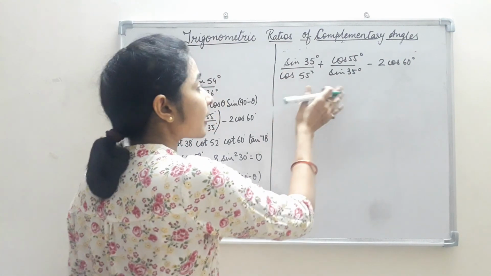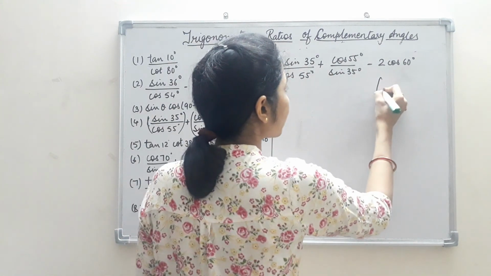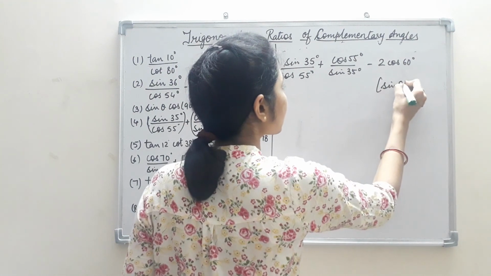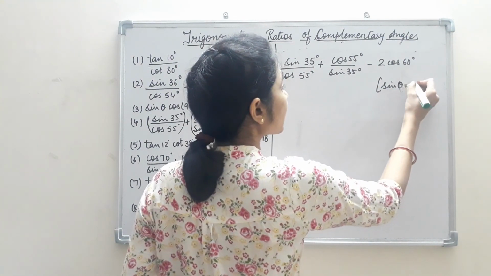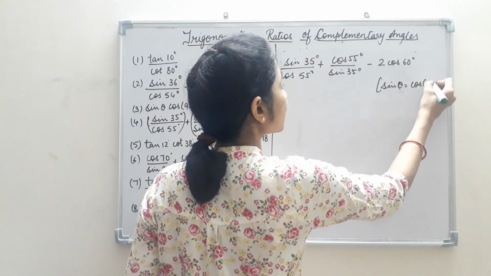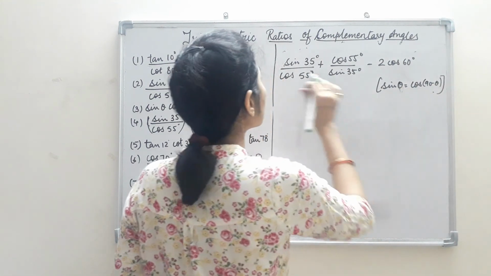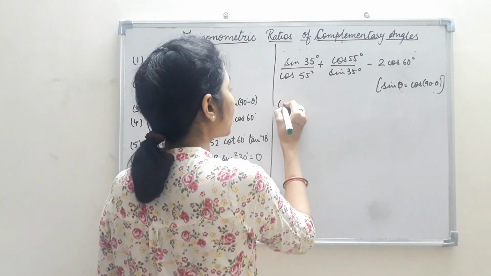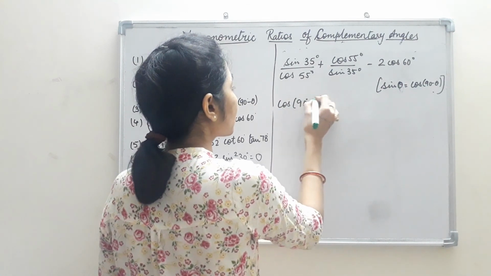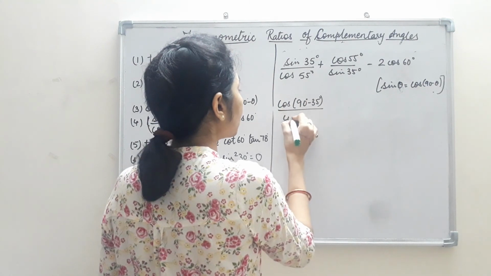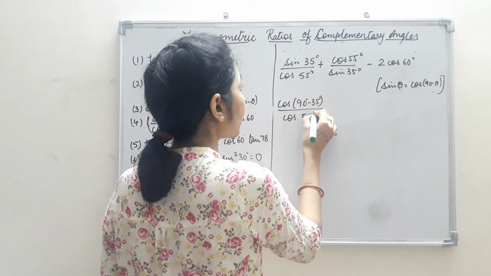Changing any one of them, I can change sin in both the cases. So I need to write only one identity, that sin theta is equal to cos 90 minus theta. So sin 35 degree is equal to cos 90 minus 35 degree, and the denominator remains the same, cos 55 degree.